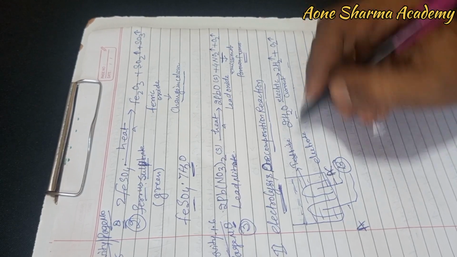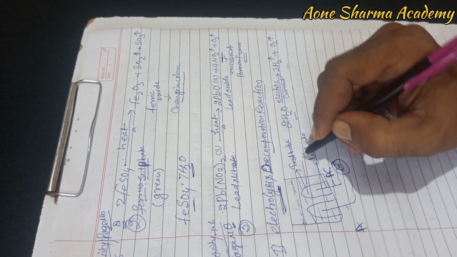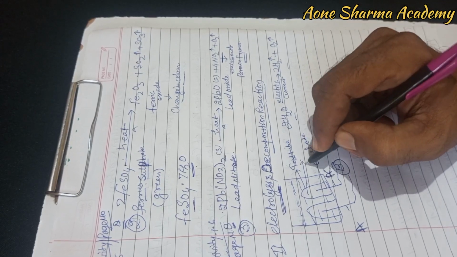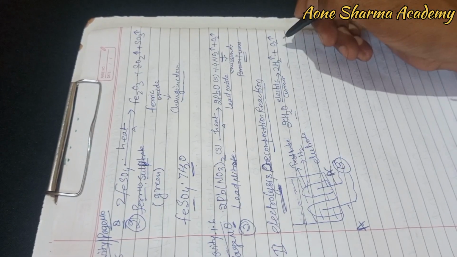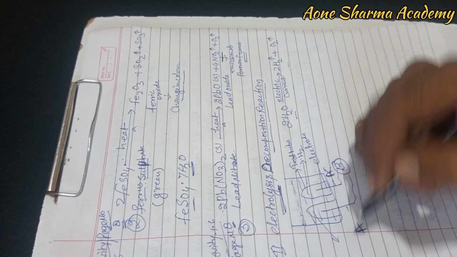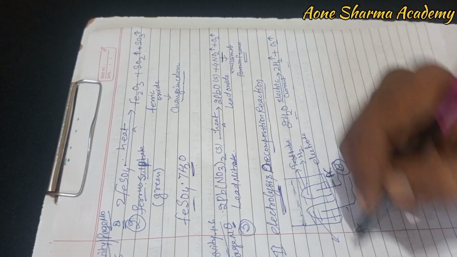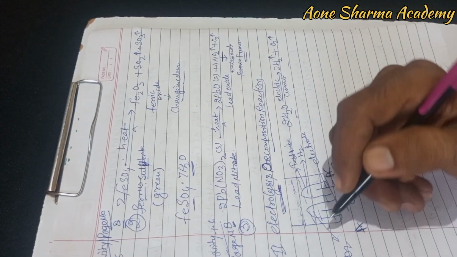H2 gas is present at the cathode and O2 gas is present at the anode.